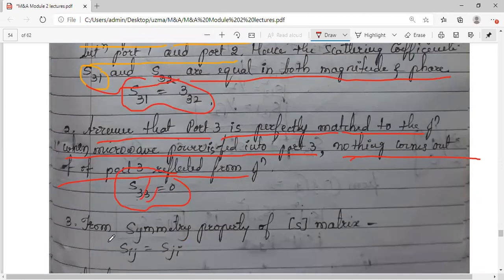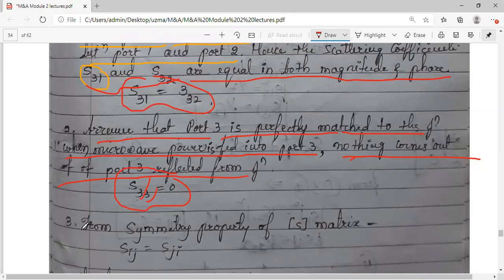And also, because we have this symmetric property of the S matrix, we have already studied the network theory for the scattering matrix for microwave systems. If I want to find the S parameters, there is a standard property of the S matrix. We have already seen the phase shift property.